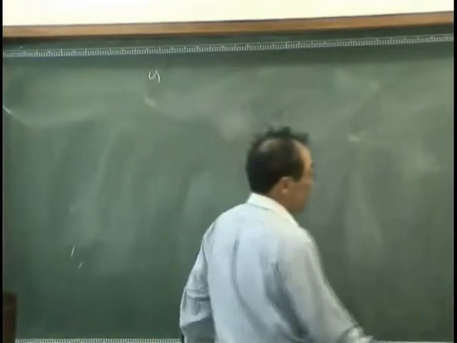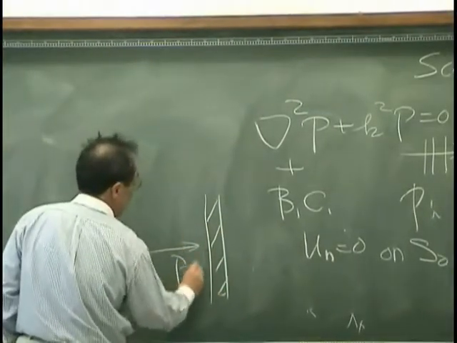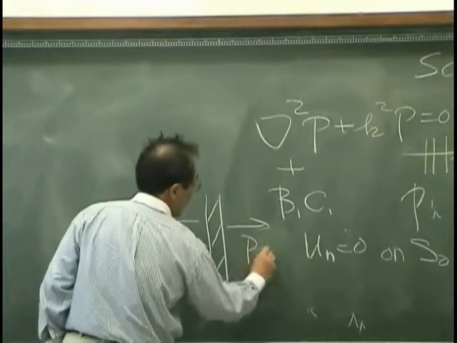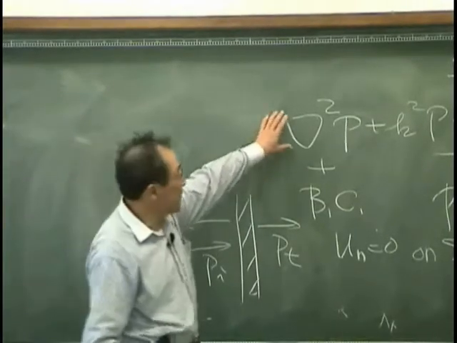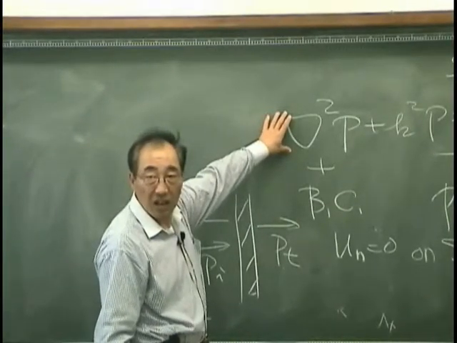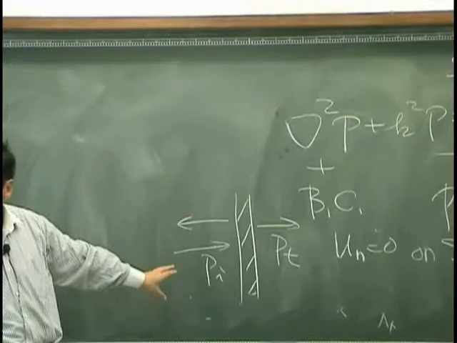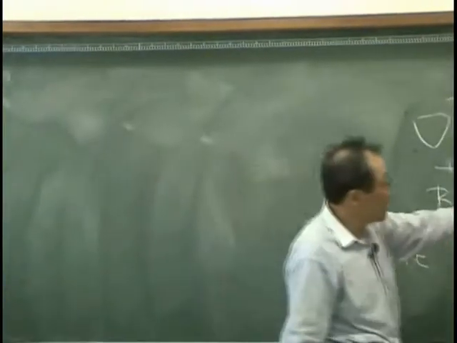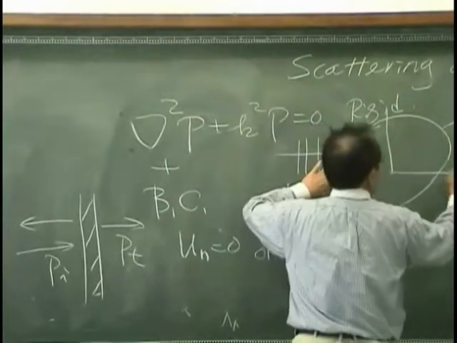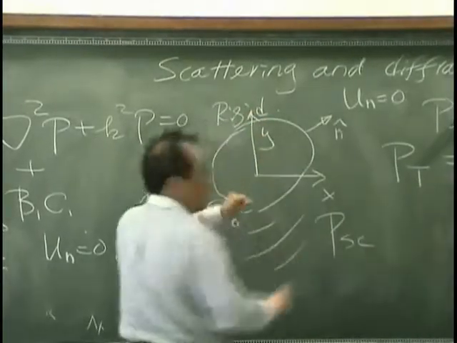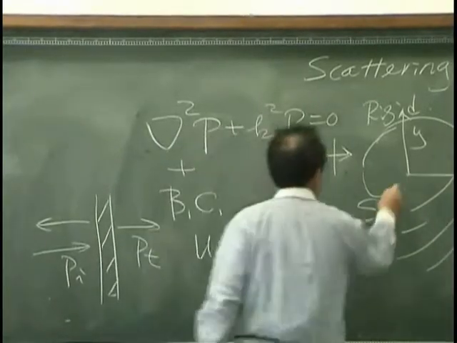What we did, for example, when we had a limp wall, we had incident, reflected, and transmitted waves satisfying this equation, and we applied the boundary condition. What was it? The velocity has to be continuous and pressure has to be continuous. In this case, the boundary condition is a function of x and y. All the other things are the same. So let's do it.